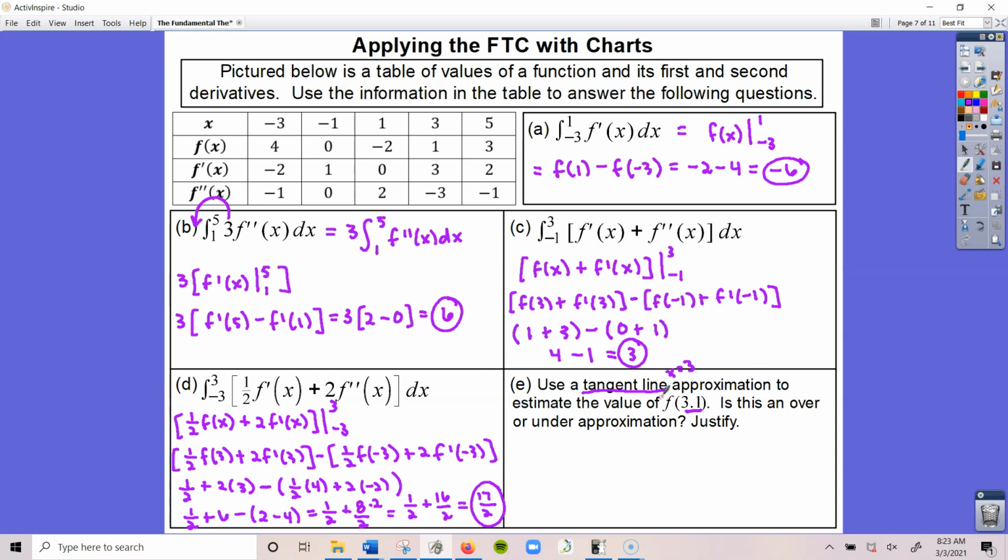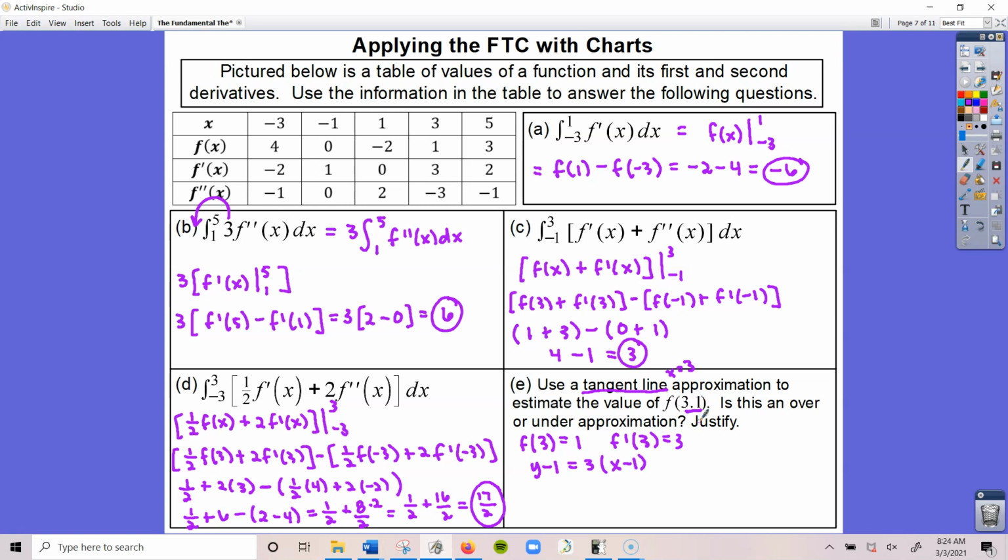So in order to write the tangent line for when x is equal to 3, I need my point of tangency. f of 3 is equal to 1. And then I also need my slope of tangency. So f prime of 3, the derivative, is 3. So now I'm going to write that equation of the tangent line, which would be y minus 1 is equal to 3 times x minus 3.